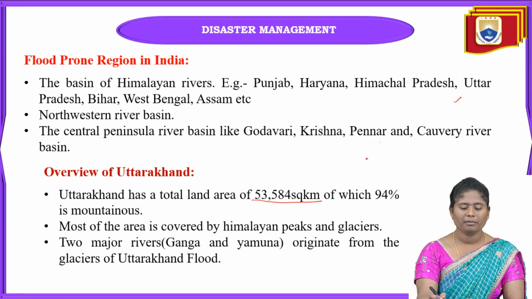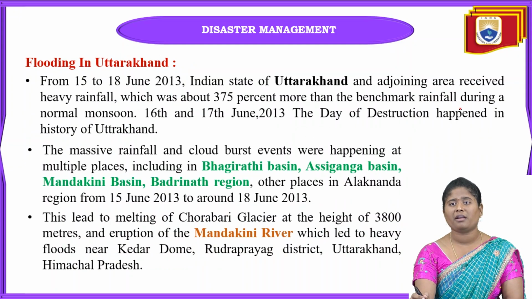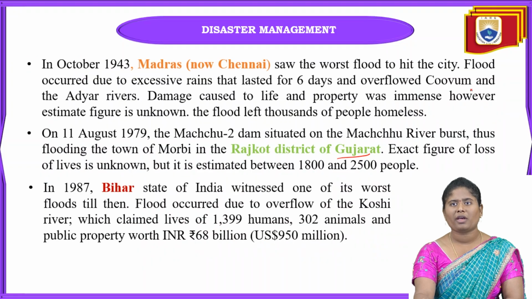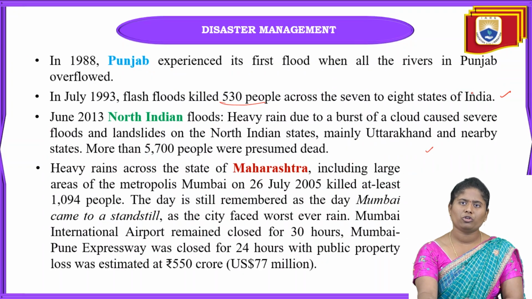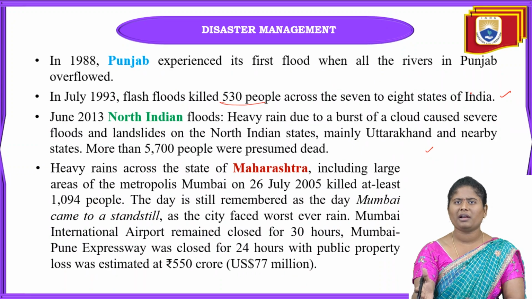Here you can see Himachal Pradesh, Haryana, Uttar Pradesh, nearby to this Uttarakhand region. These overall floods happen. Why? Because Uttarakhand has so many Himalayas, it is occupied with the Himalayan area only.